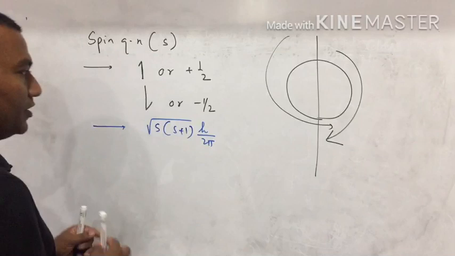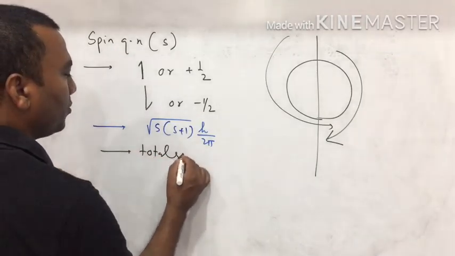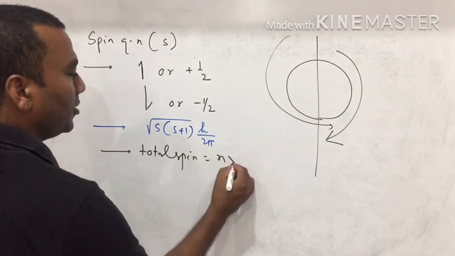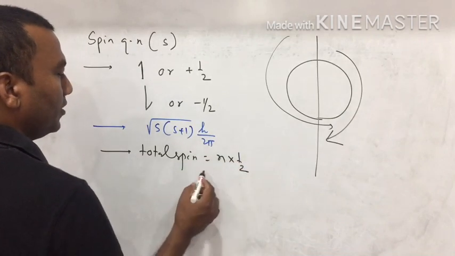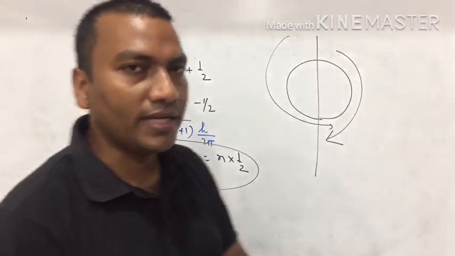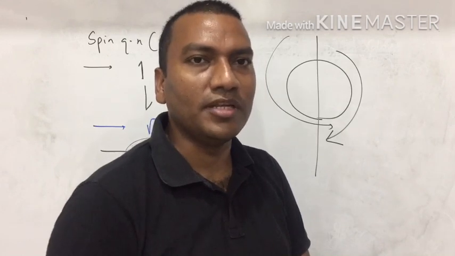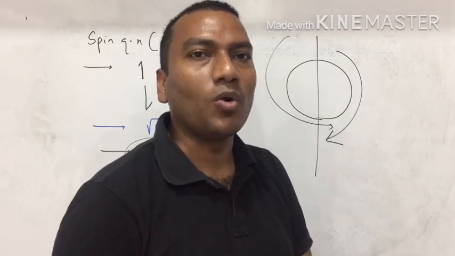Got the idea? Then next, remember the total spin. Total spin equals n into half. Short question: total spin equals n into half. What is n? That is the number of unpaired electrons. After this we will read how to calculate the total spin.